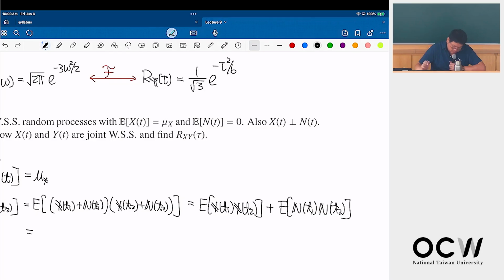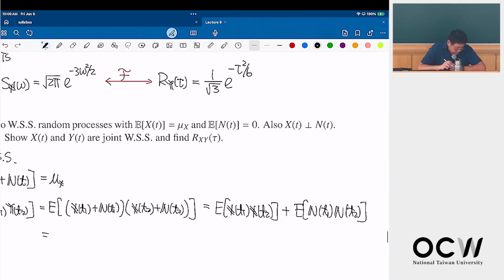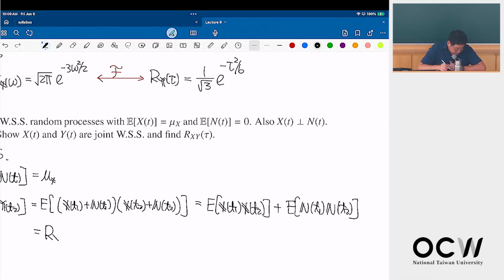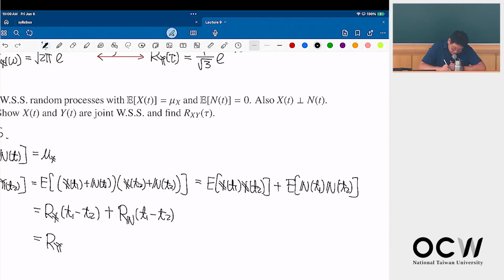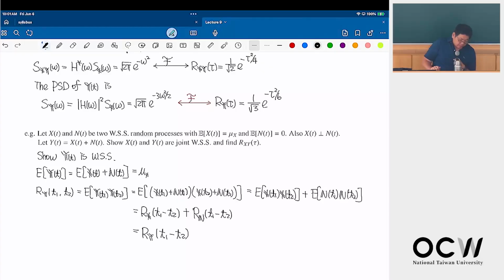So since x is wide-sense stationary, and also n is wide-sense stationary, this is the autocorrelation of x as a function of time difference, and also the autocorrelation of n as a function of time difference. Then the autocorrelation of y is also a function of time difference. Now we also need to check the cross correlation is a function of time difference.